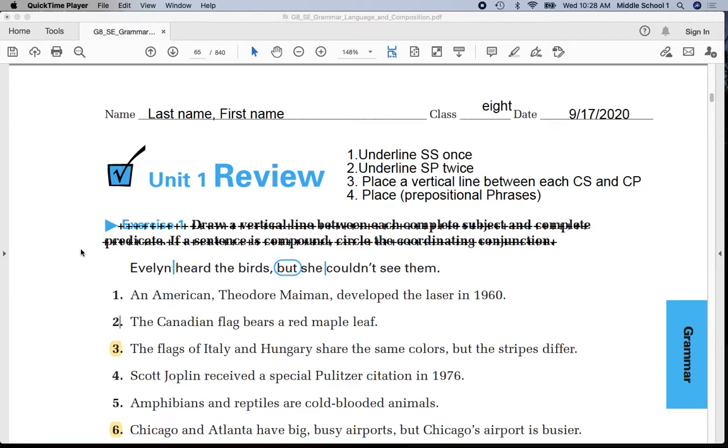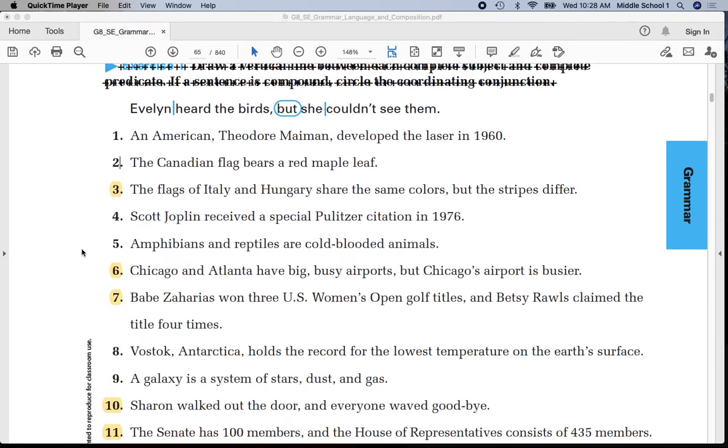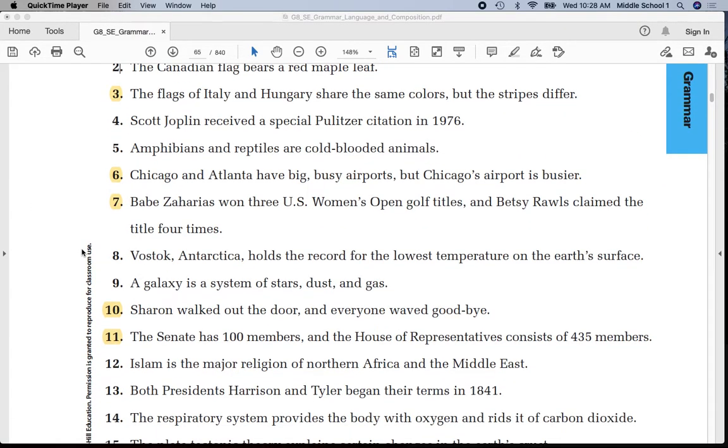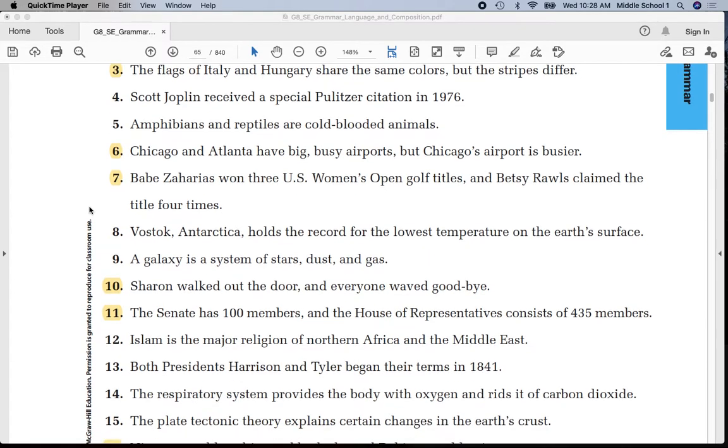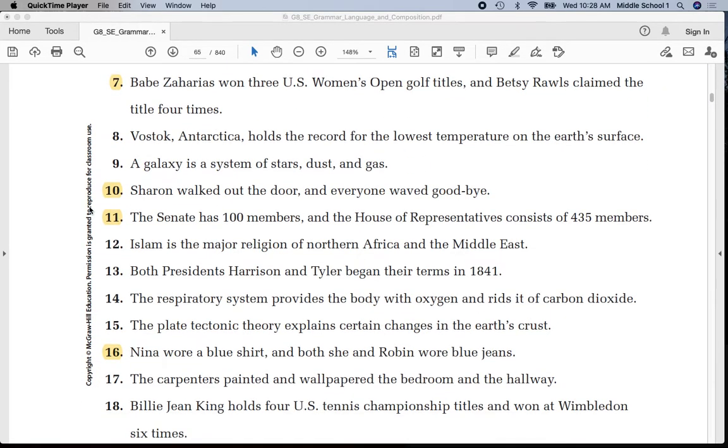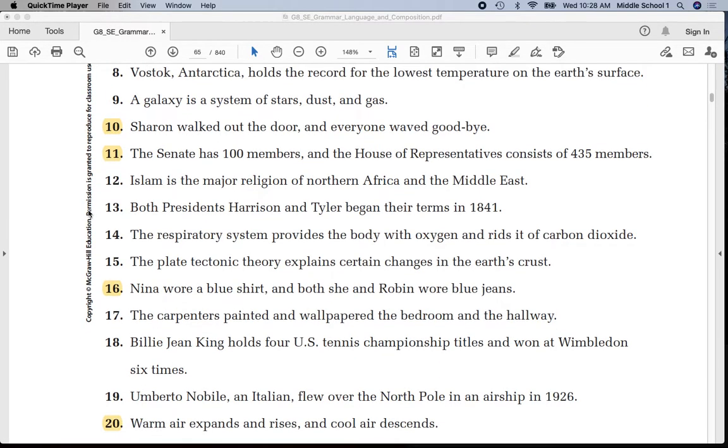Great. Now, before we begin, I'd like for you to circle or highlight these numbers. All of these sentences have something in common. Number 3, 6 and 7, numbers 10 and 11, number 16, and number 20.